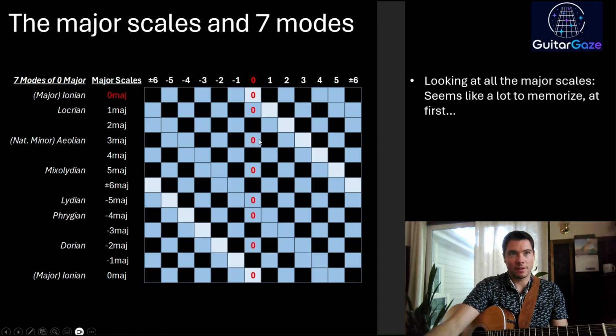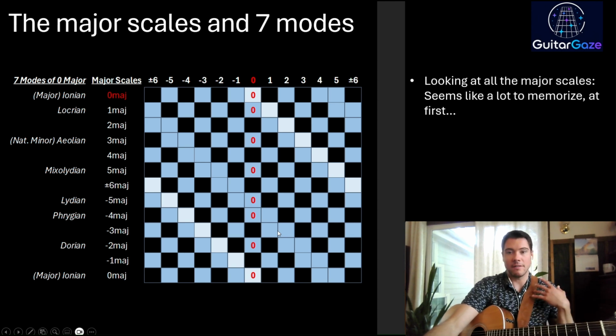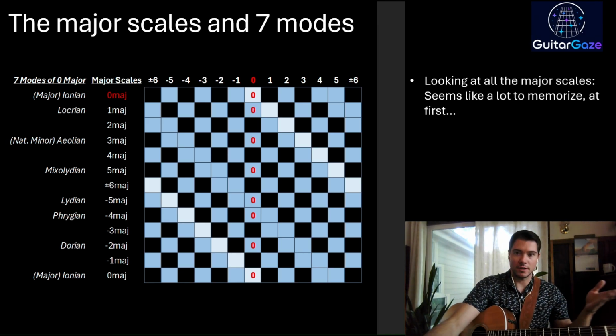And we've got Aeolian, it's 3 below, minus 3. Mixolydian, it's 5 below, minus 5. And those positions throughout here, 0, 2, 4, 5. So I'll slow down. 0, 2 above, 4 above, 5 above, 5 below, 3 below, 1 below. So 0, 2, 4, 5, minus 3, minus 1.